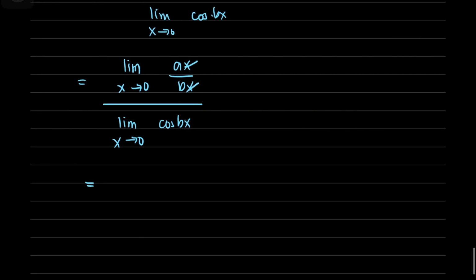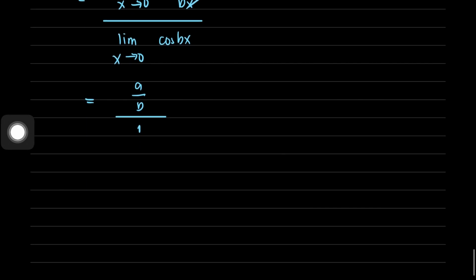Therefore, this is now equal to the limit of a over b as x approaches 0. We're going to treat a and b as constants here because our variable here is x. So if this is a constant, the limit of a constant as x approaches 0 is equal to the constant itself, so that's a over b. All over the limit of cosine bx as x approaches 0, which is actually equal to cosine of 0, and cosine of 0 is equal to 1. Therefore, the answer in this problem is a over b.